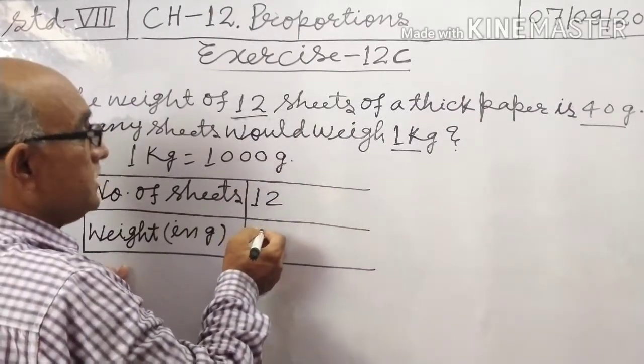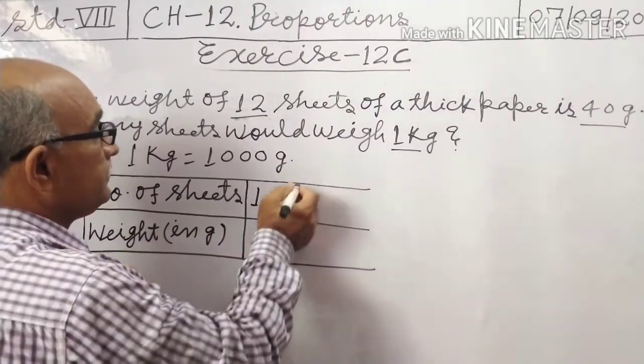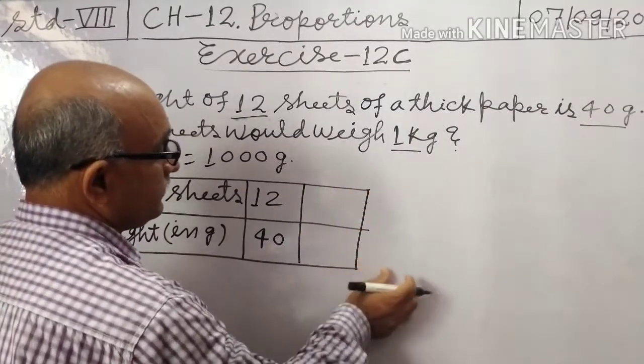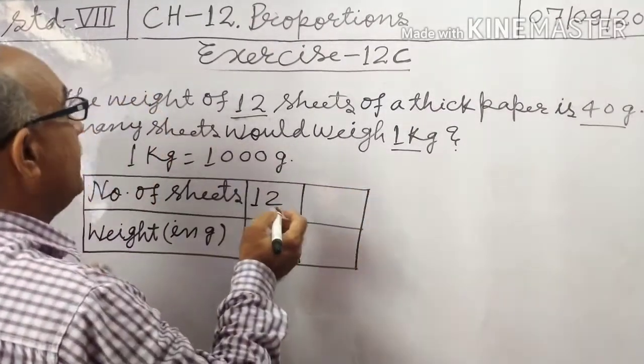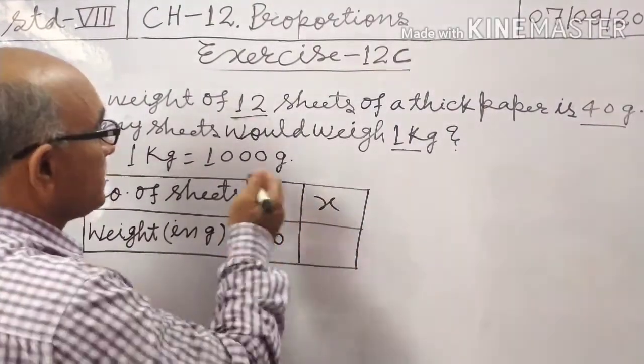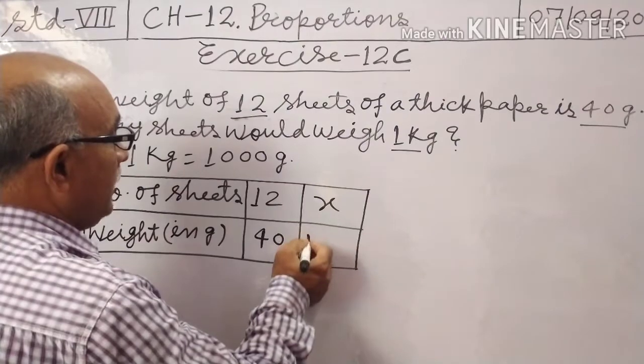Weight of 12 sheets is 40 gram. Number of sheets, how many sheets? So let the required number of sheets be x, and total weight 1000 gram.